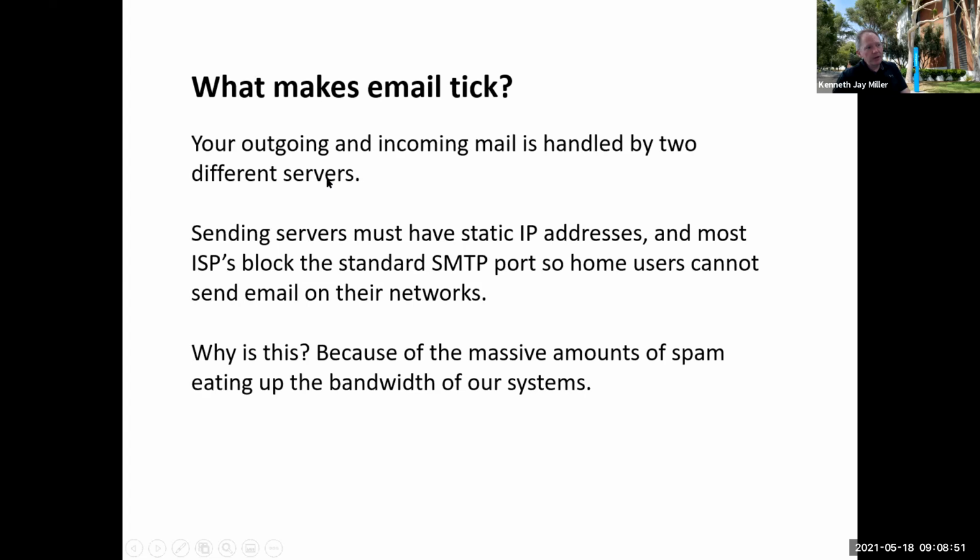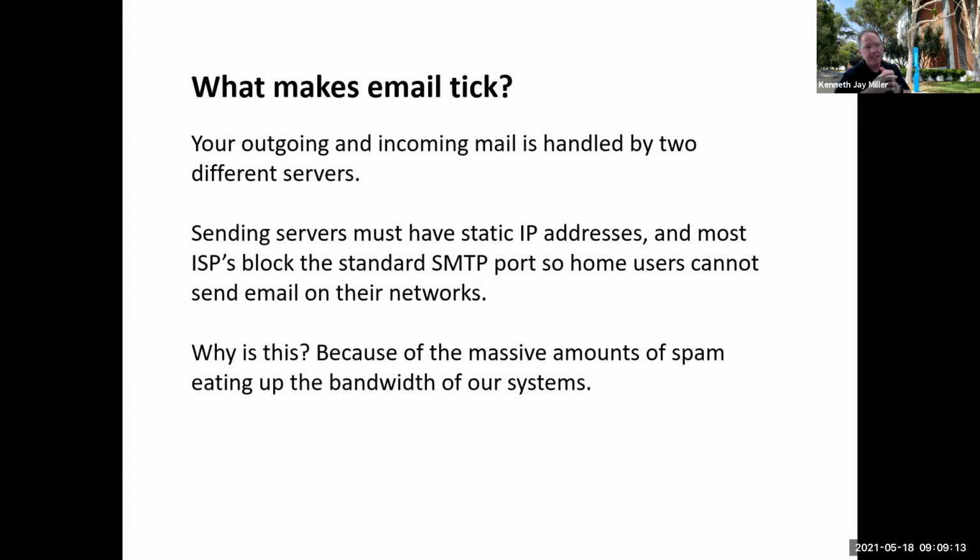Now, your outgoing and incoming mail is handled by two different servers. A lot of times in today's lab, these two different servers are on the same machine. It's just part of the mail server software.